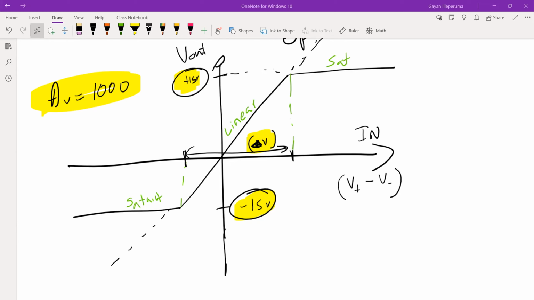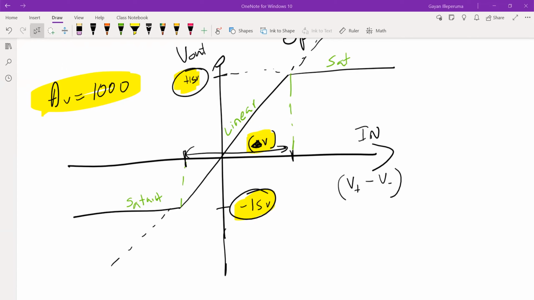Since you have got the correct answer, I believe you know the method. You have to make sure the output is equal to or below the supply voltage. So in this case, if you think this is a rail-to-rail op amp and assuming the output is 15 volts, you have to find the input voltage difference that produces 15 volts.